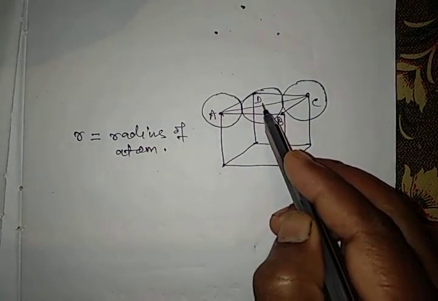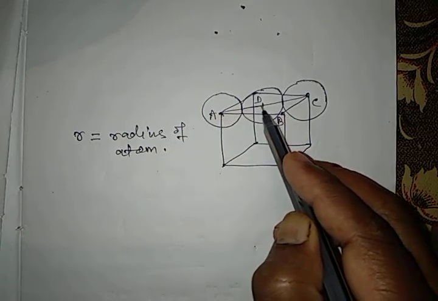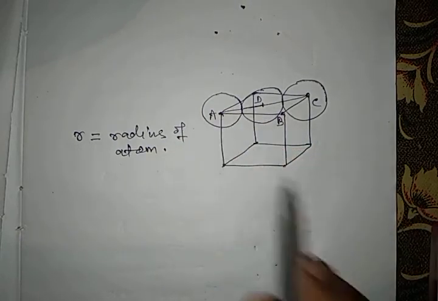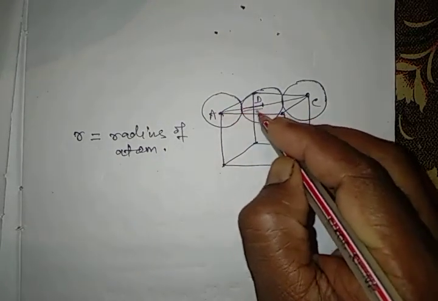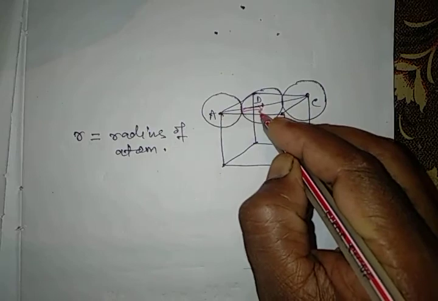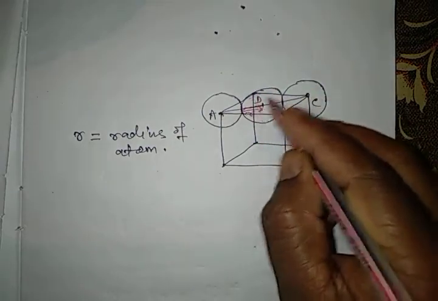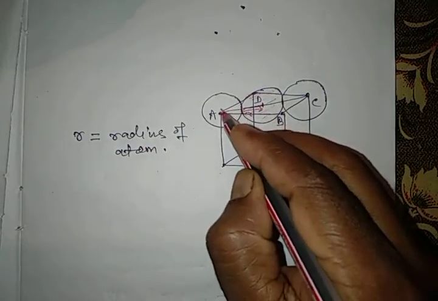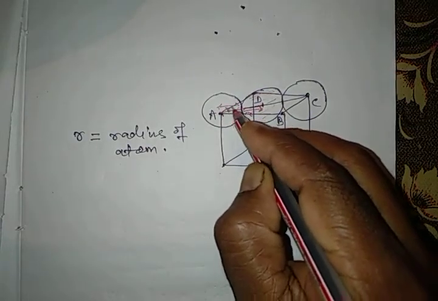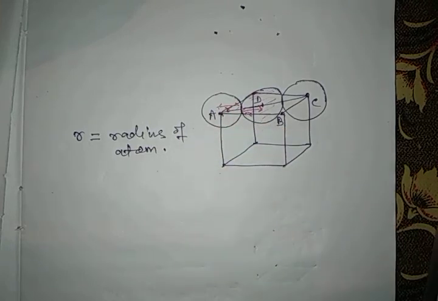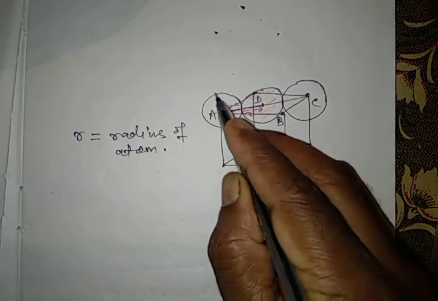Here, this is the midpoint of AC, D, and from here to here this is r, the radius of one atom. From here to here this is r, the radius of this sphere, and from here to here this is r, the radius of this sphere.